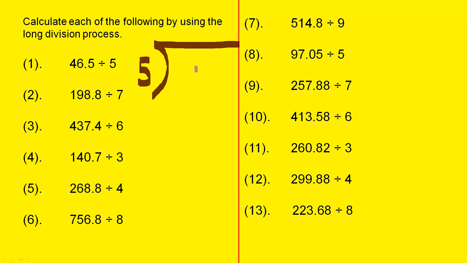If you saw the lesson, that's how we set it up. And then you just go through the normal long division process. In the answer, the decimal point will be here. So when you do the answer, make sure the decimal point's there, and then you'll have the columns.